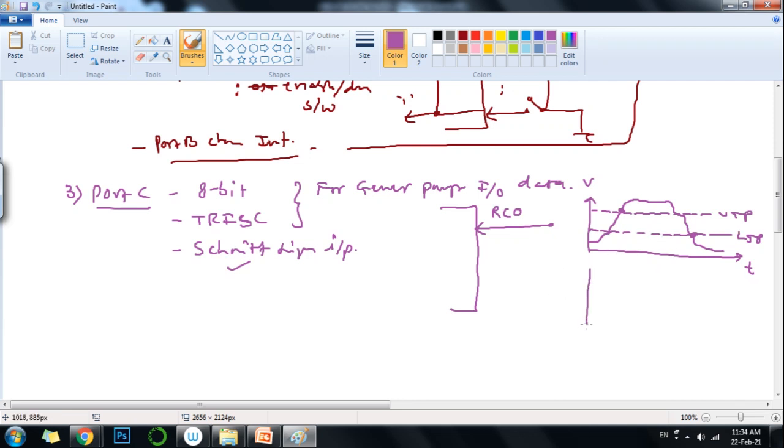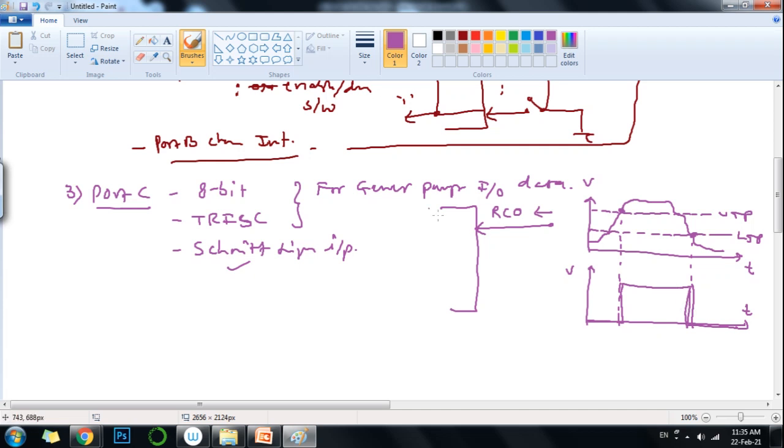So the microcontroller will sense that the pin has gone high at this particular instant and gone low at this particular instant. Therefore this will be considered as the logic input. Even though the actual voltage is changing gradually and there may be some noise superimposed on this waveform, because it may be coming from some sensor or transducer, and during propagation along the cable it may pick up some noise, so the waveform may not be strictly TTL type.